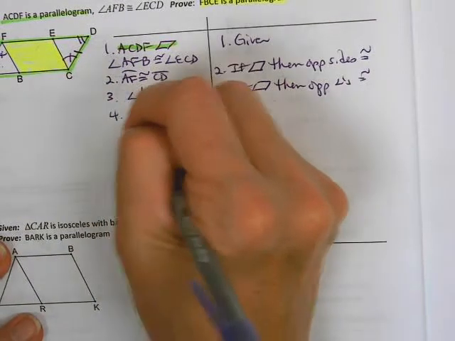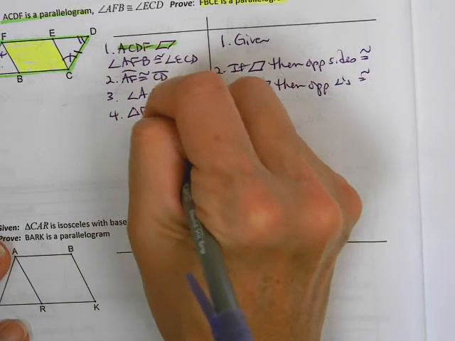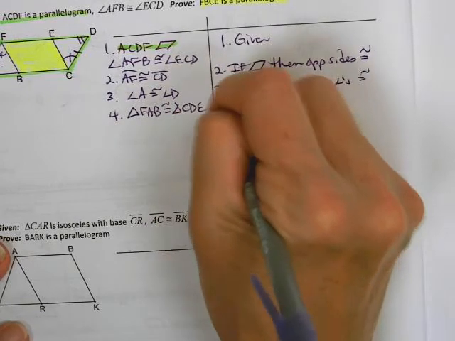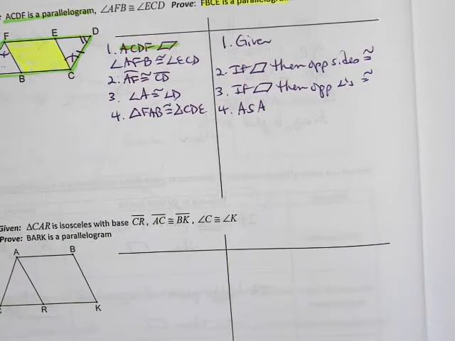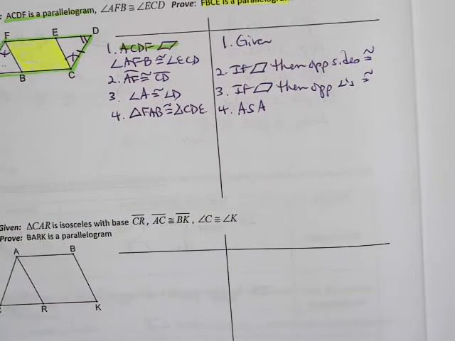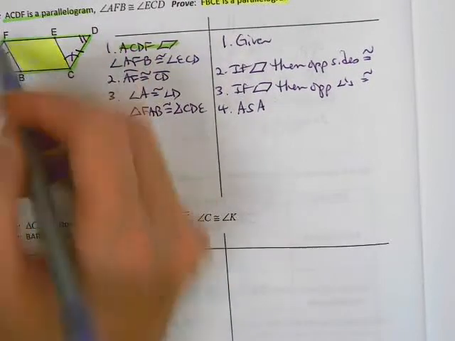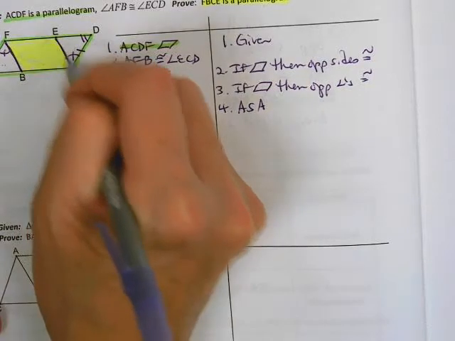And then I'm going to get triangle FAB congruent to triangle CDE. That would be by angle side angle. Now the question is, what parts of those are going to help me get this yellow guy congruent? Well, I have a lot of options on how I prove a parallelogram, but the most glaring one to me is that this side right here from this triangle is congruent to EC right here from this triangle.